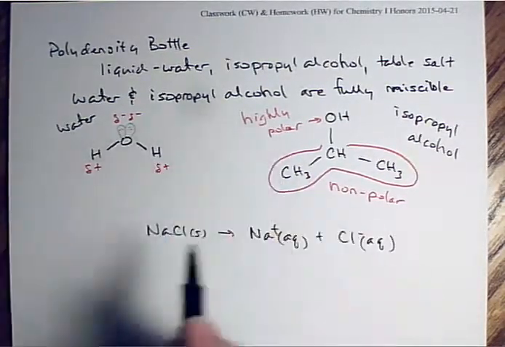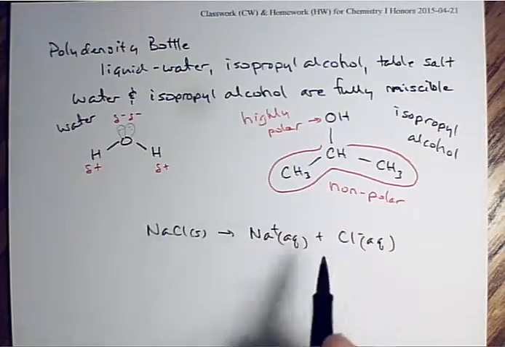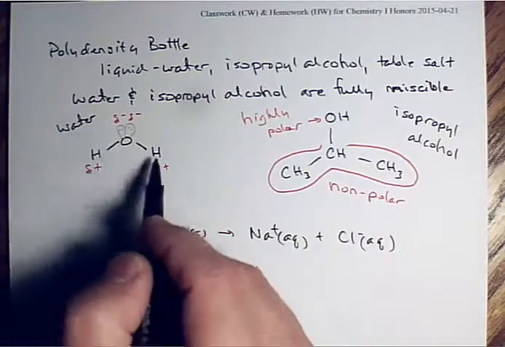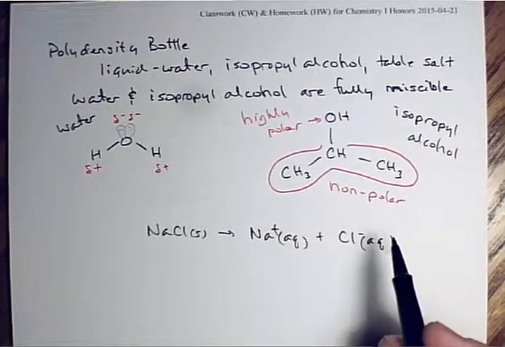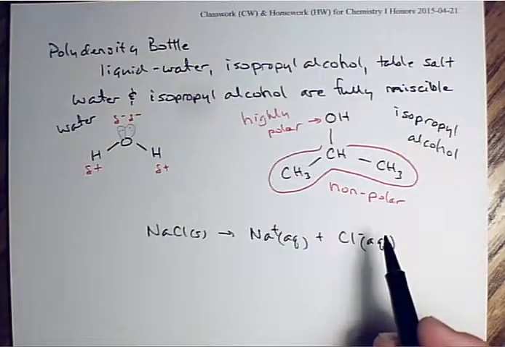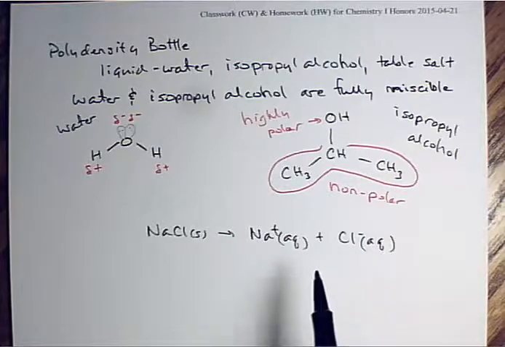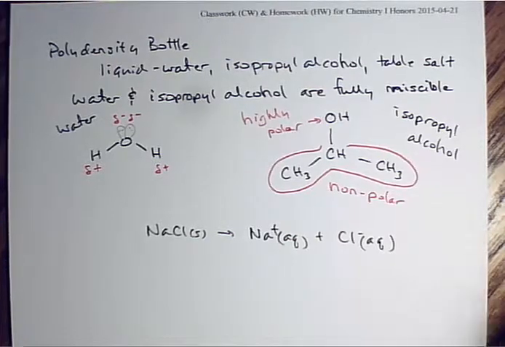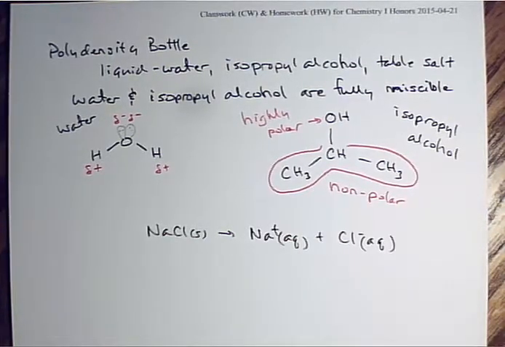But you put salt in water and isopropyl alcohol, the salt selectively dissolves in the water, making the salt water more dense and separating the salt water from the isopropyl alcohol. Okay? Selectively dissolving, selective dissolution, preferential dissolution. There's a lot of ways to refer to that or describe that. Okay?